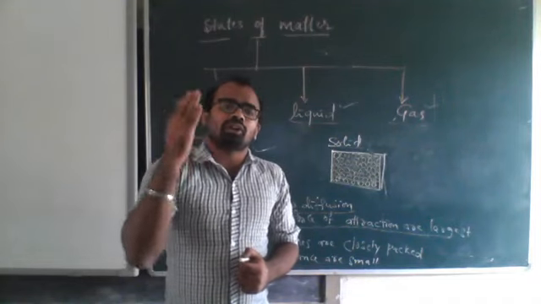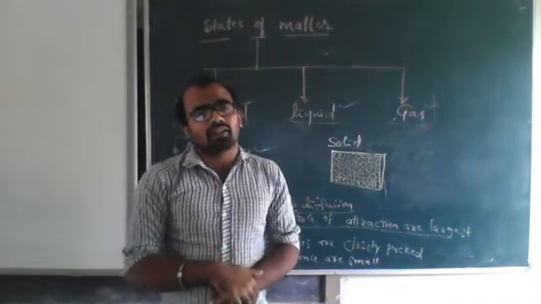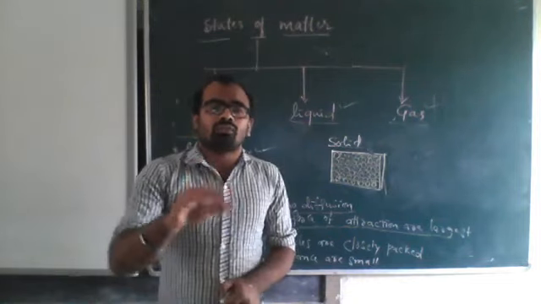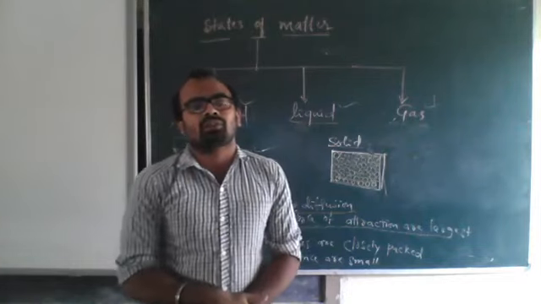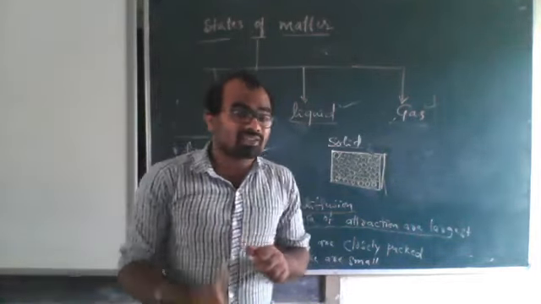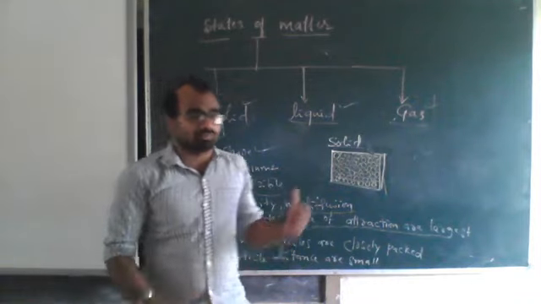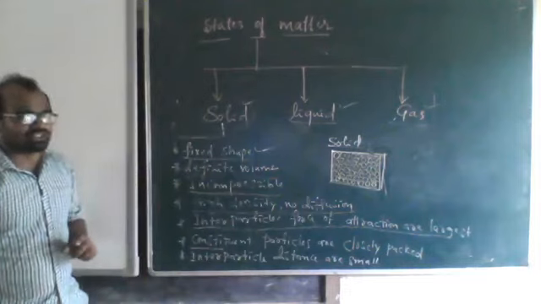Even if you keep it in your hand, on the table, or your friend keeps it in his pocket, it will still be rectangular. It is not changing its shape. Hence, solids have a fixed shape.